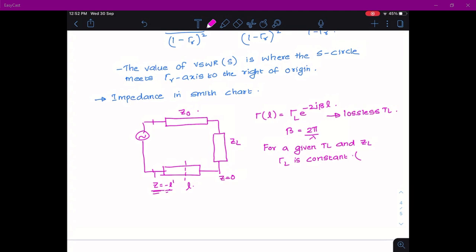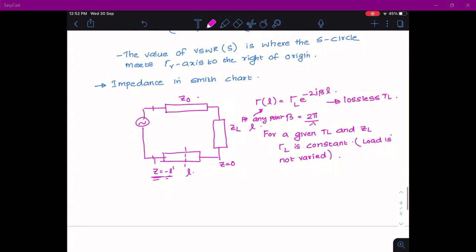So the reflection coefficient at any point L is given by tau L e raised to minus 2j beta L. The variable in the reflection coefficient is L, because lambda is fixed for the generator and tau L is fixed because the load is not varied.